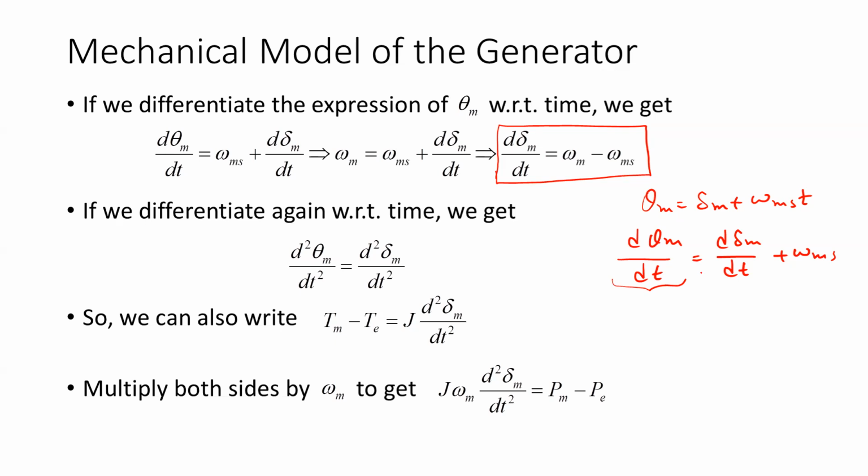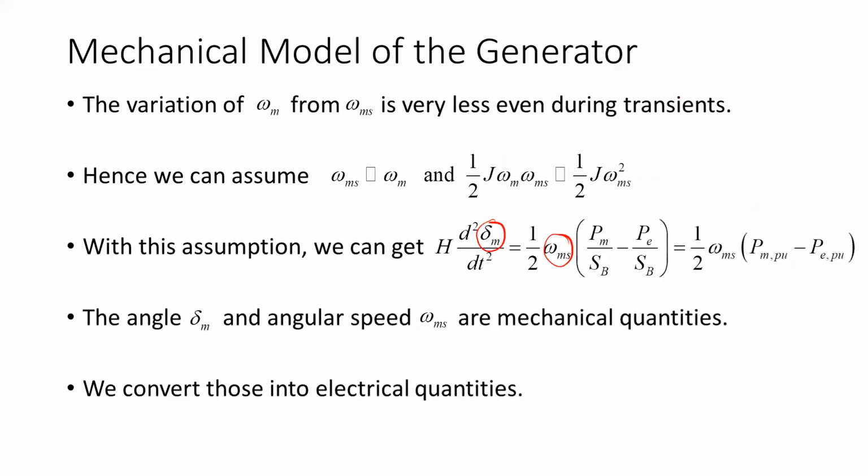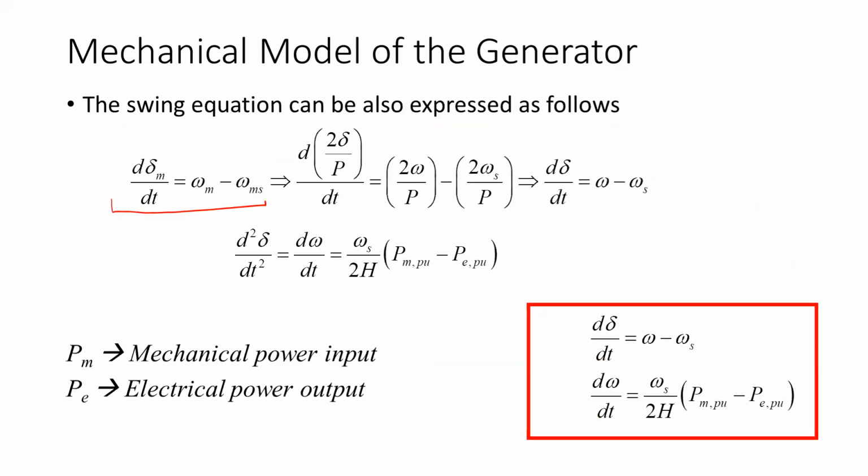Rate of change of displacement with time, angular velocity. So that is omega m. Omega m is d delta m by dt plus omega ms. From here, we found this expression. Is it okay now? Yes, sir. So we get d delta m by dt is equal to omega m minus omega ms. That is what we'll be using now.